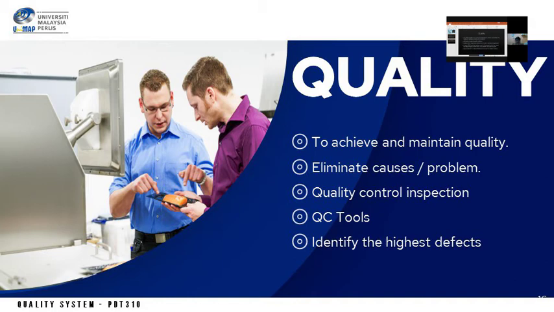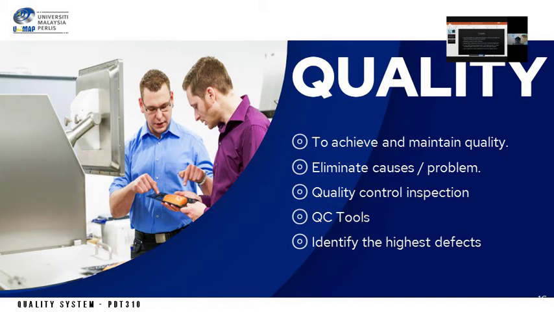So quality control in manufacturing usually inspect every product that has been finished processing to inspect any default, any rejected parts.